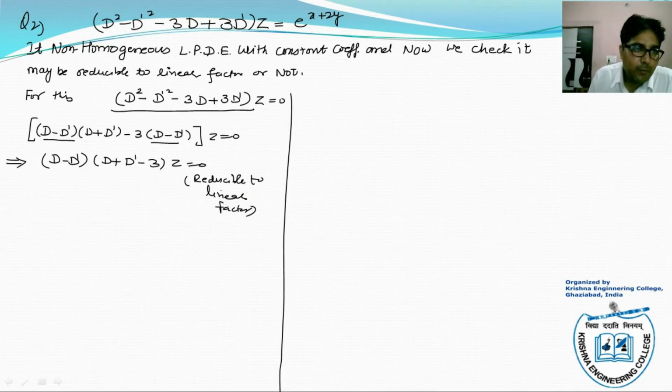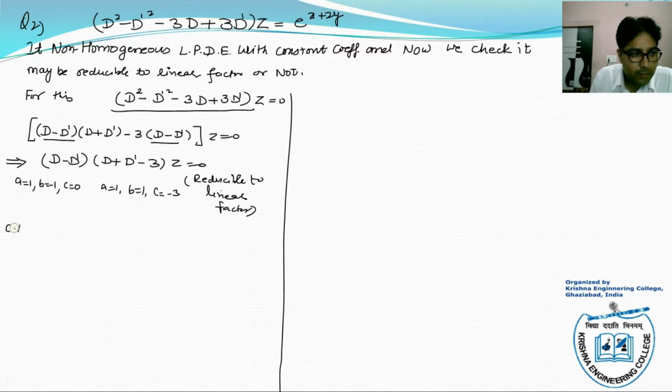Here in the first factor a is 1, b is minus 1 and c is 0, and in the second factor a is 1, b is 1, c is minus 3.